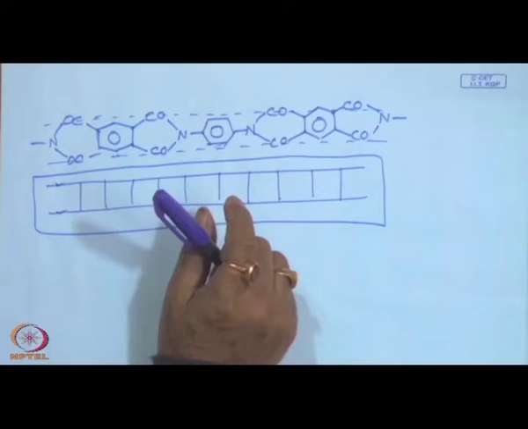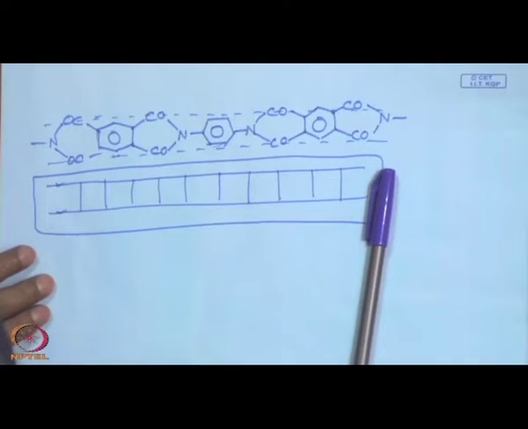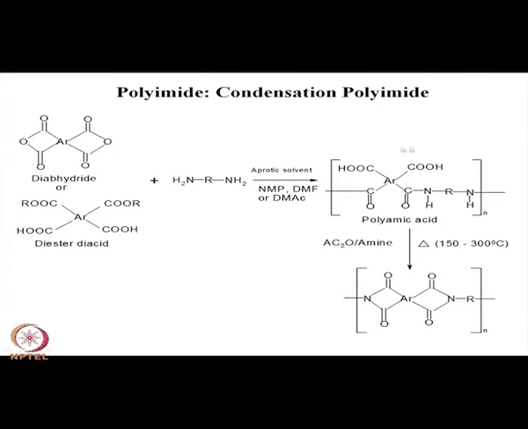Now, one thing I should mention at this point of time: in this polyamic acid stage, it is soluble in solvent. So, if somebody wants to make a composite, the composite is to be fabricated at this polyamic acid stage, which remains in solution in a solvent.